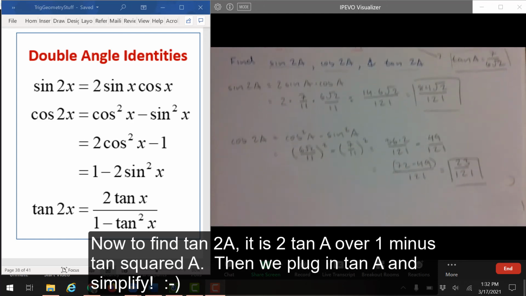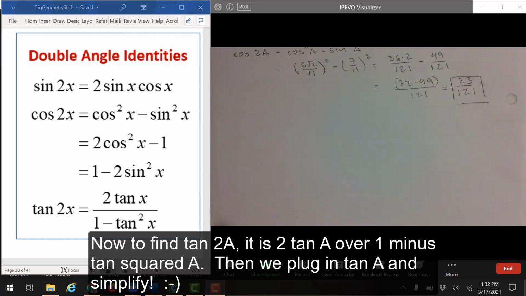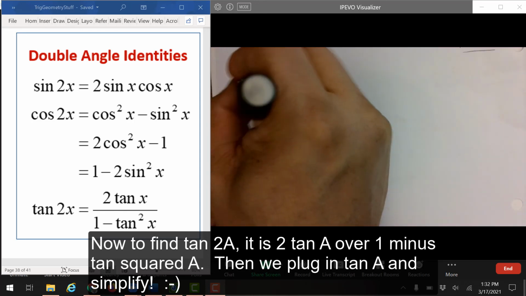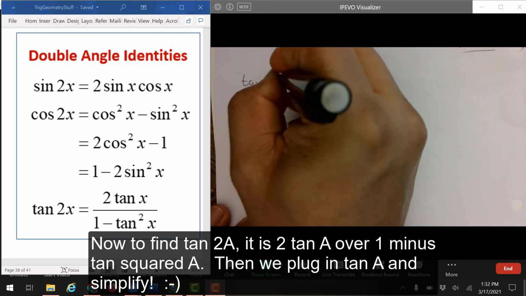Now to find tangent 2a. It is 2 tan a over 1 minus tan squared a. Then we plug in tan a and simplify.